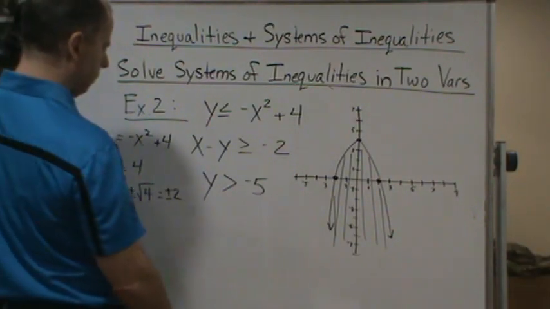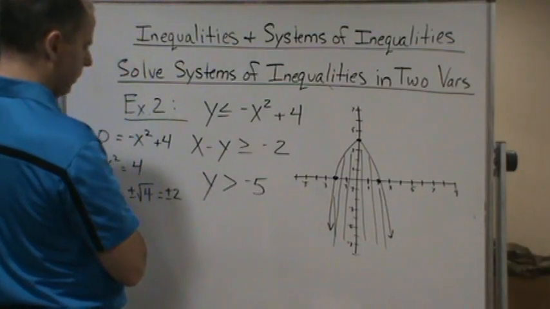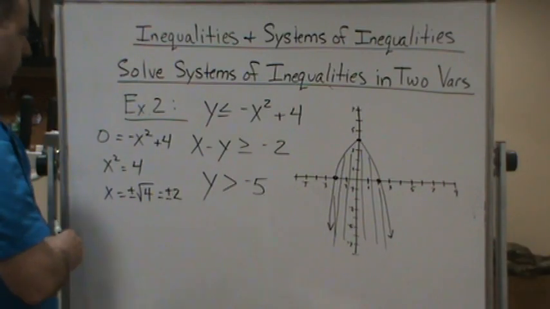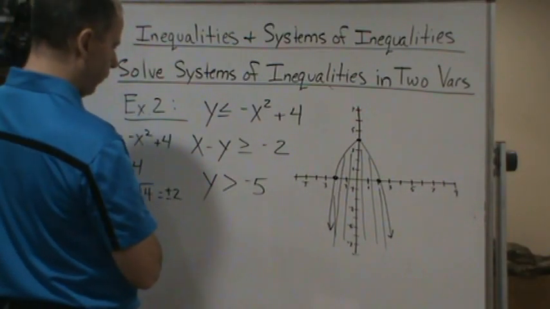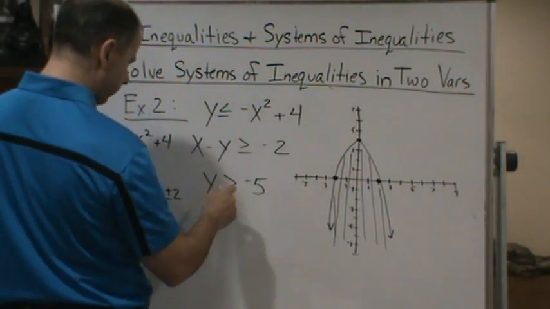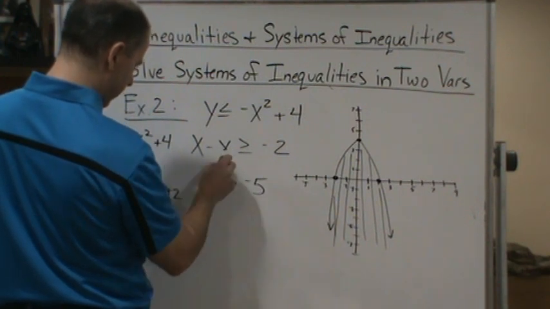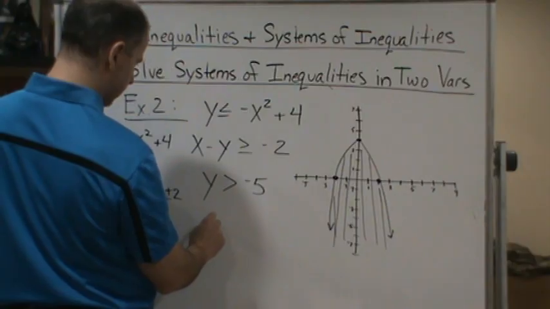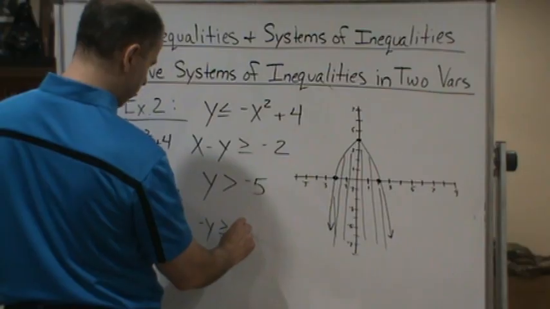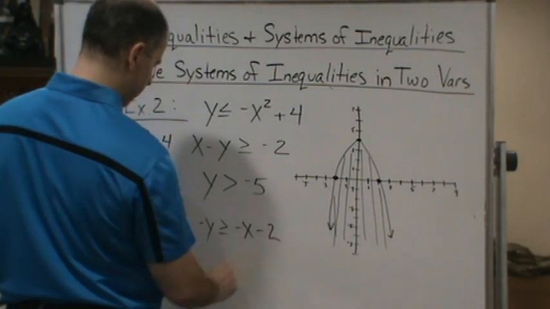Now here we can find this is a linear inequality here. Okay? And so if we plot this one, let's solve for y. So we're going to subtract x from both sides. So we'll get negative y is greater than or equal to negative x minus 2.